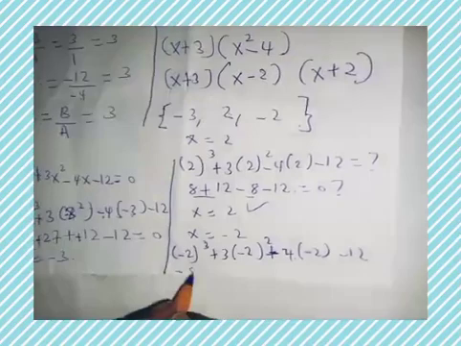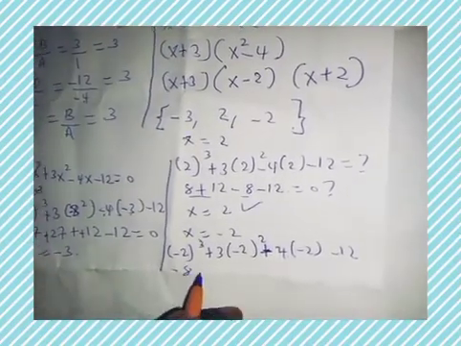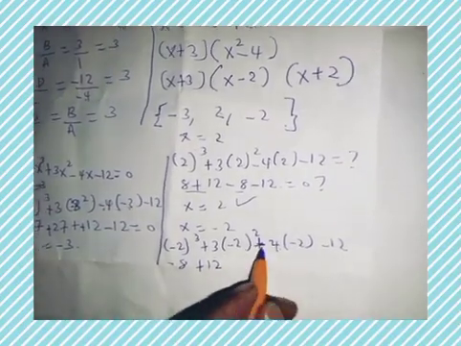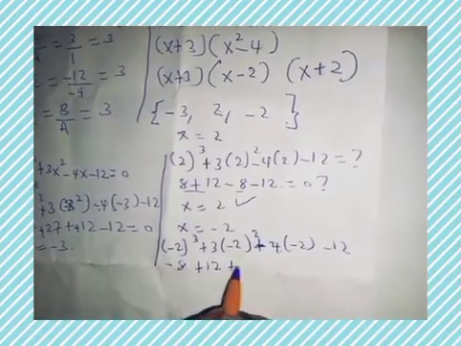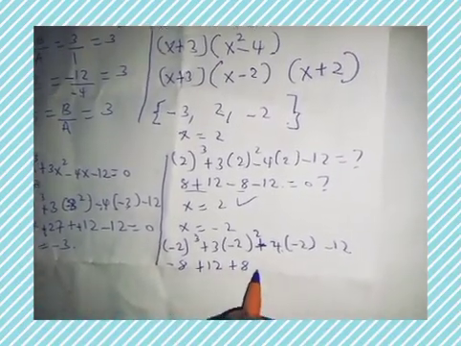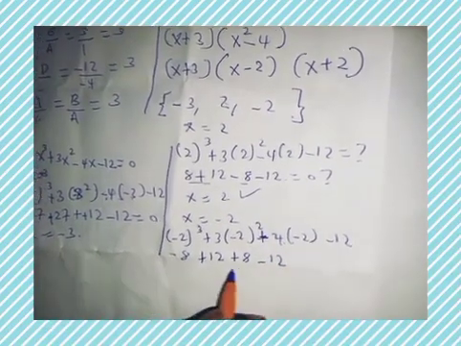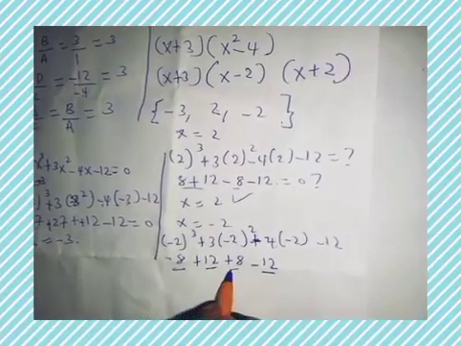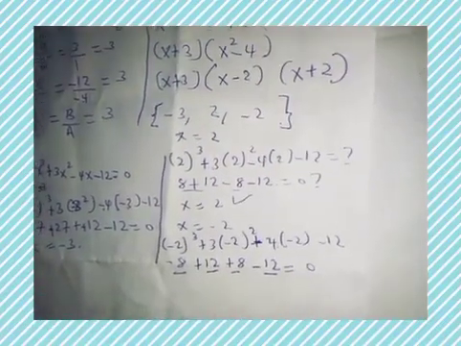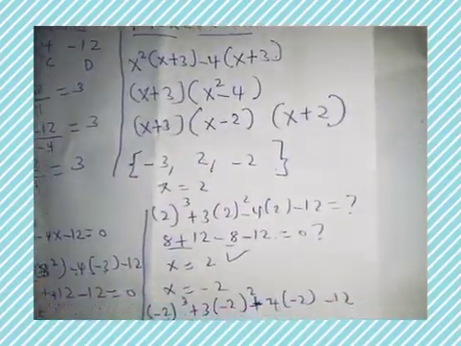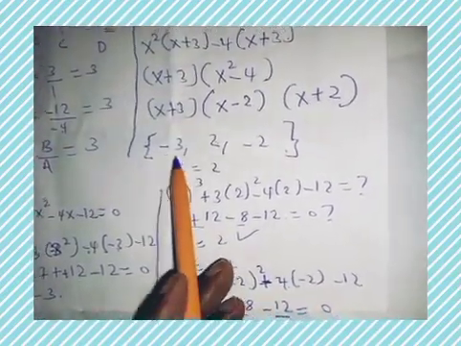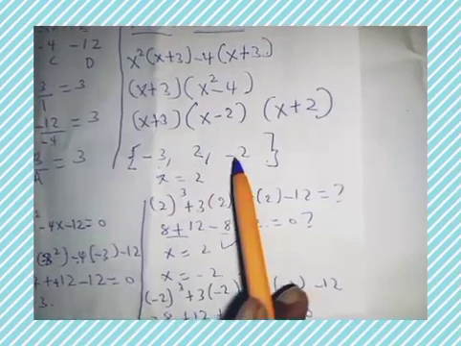So this is -8, plus 12, plus 8, minus 12. You can see there is positive 12 here and that is minus 12, and that one gives us 0. So meaning that these solutions are correct: x is equal to -3, x is equal to 2, and x is equal to -2.